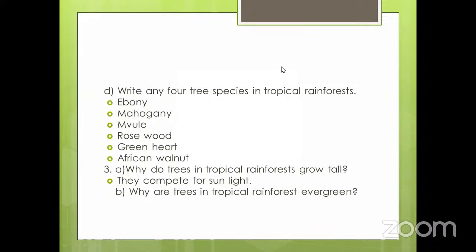Anyone with an idea about it? Why are these trees evergreen? It is one of the characteristics. So the answer is there. Who can read for us? Why are they evergreen?